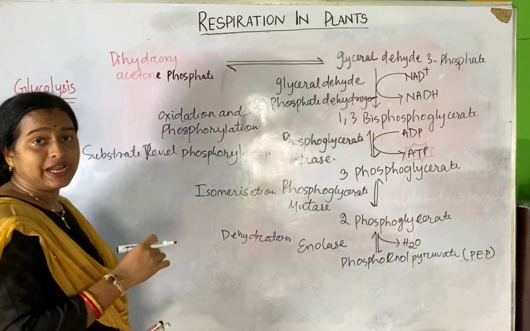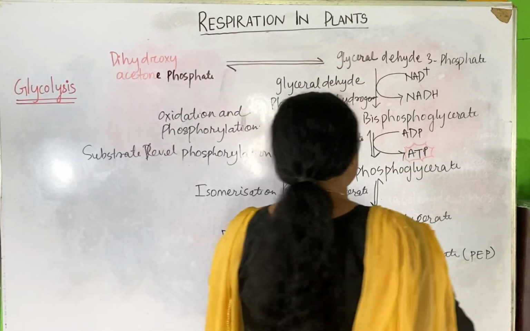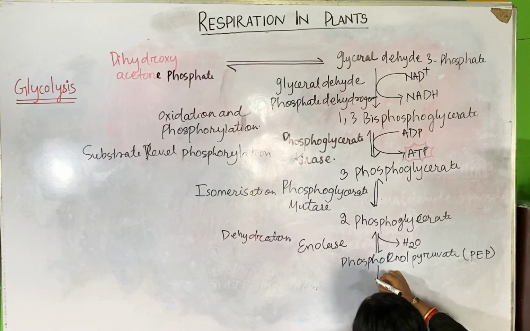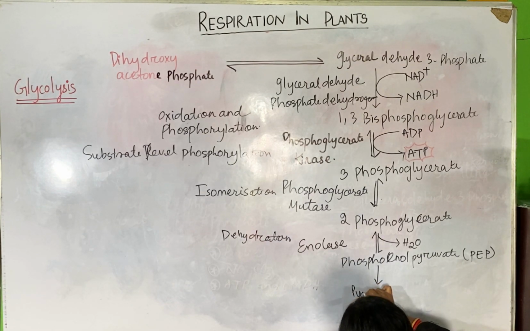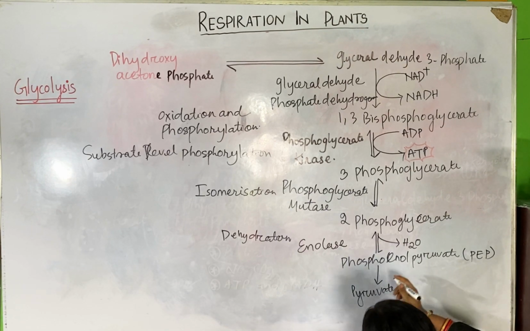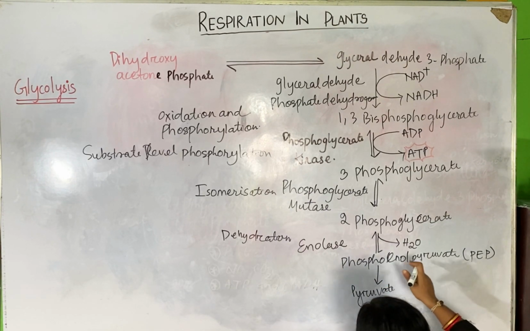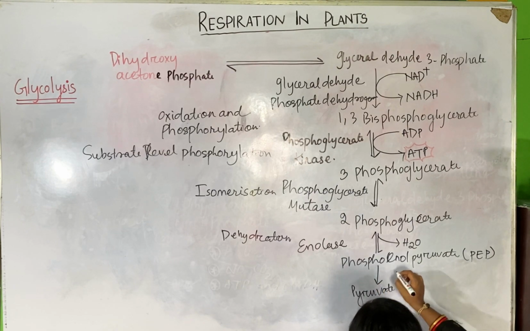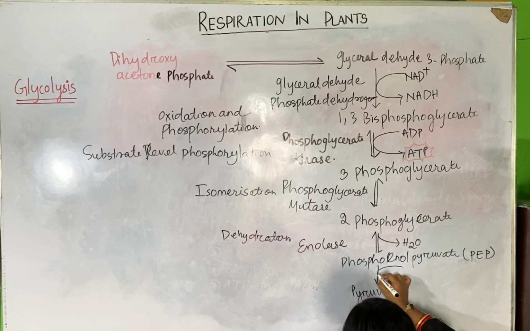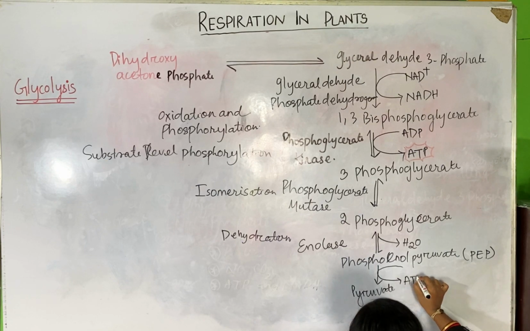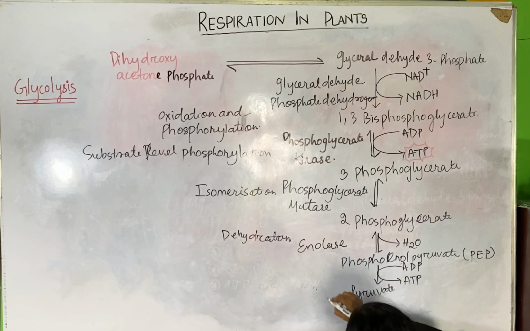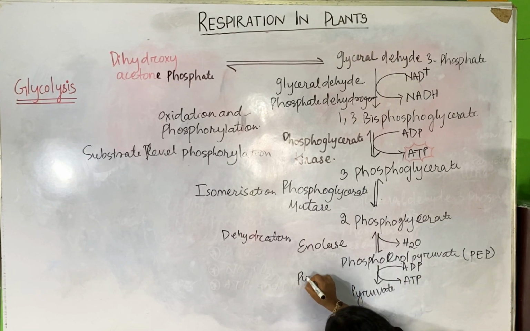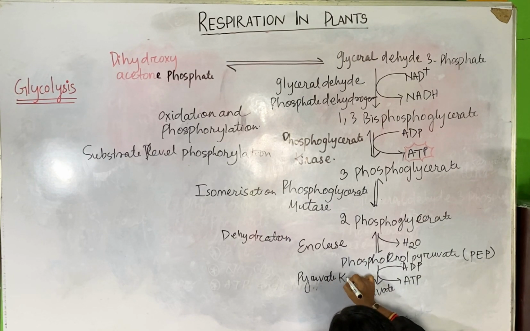Now, the last reaction, that is the conversion of phosphoenolpyruvate into pyruvic acid or pyruvate. And here one molecule of ATP will be produced from adenosine diphosphate, and the enzyme required for this conversion is pyruvate kinase.